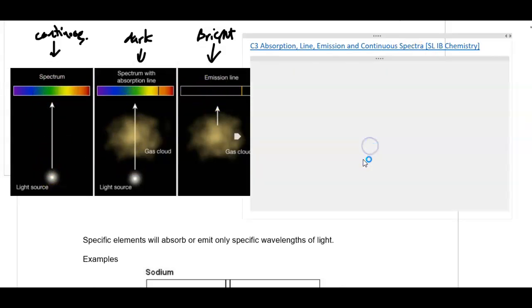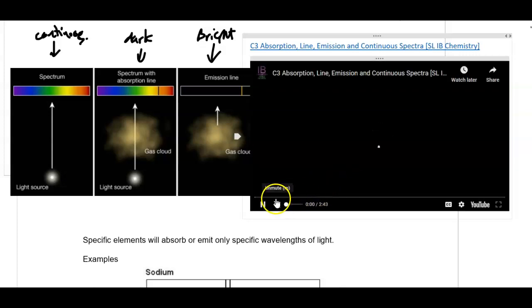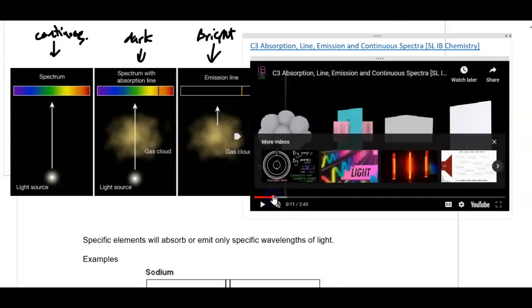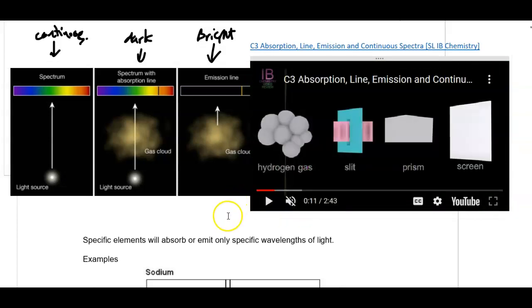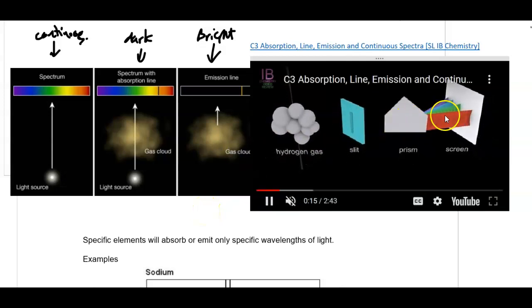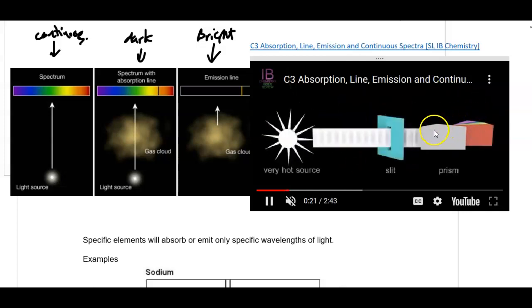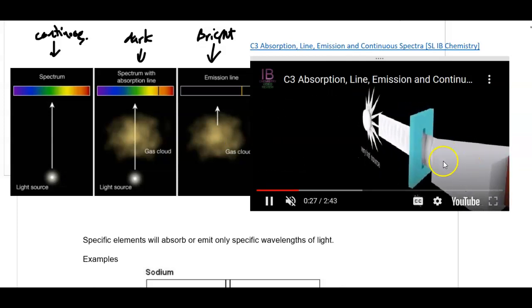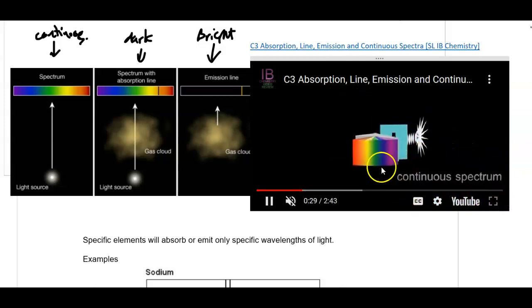What does that look like video-wise? It will look something like this, where you've got the gas going through a slit and a prism. The slit and prism is your spectroscope here and is creating that bright line pattern. Here, if we take that very hot source and run it through that slit and prism again, you're going to wind up with a full continuous spectrum.